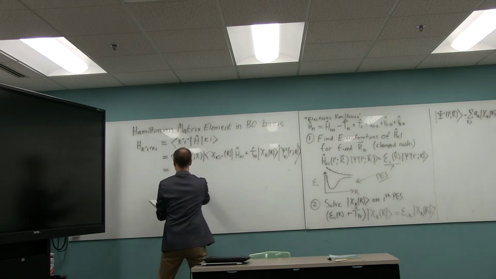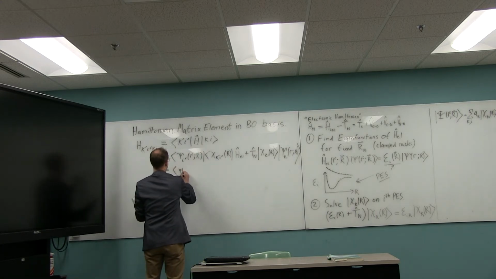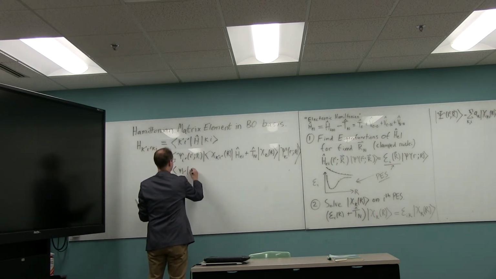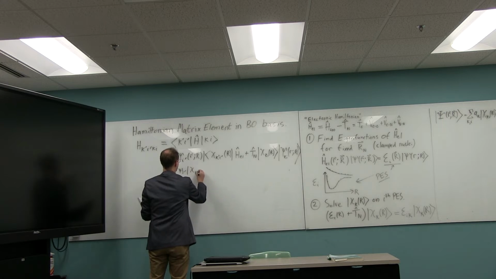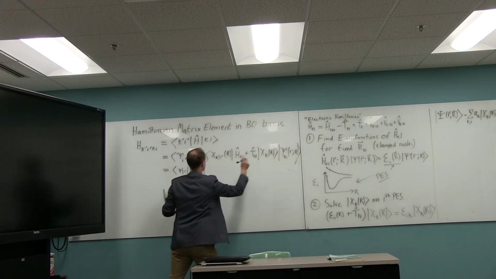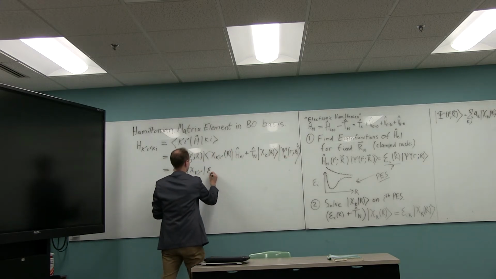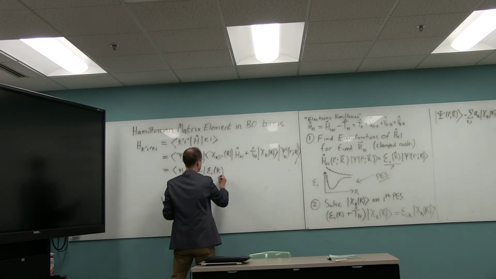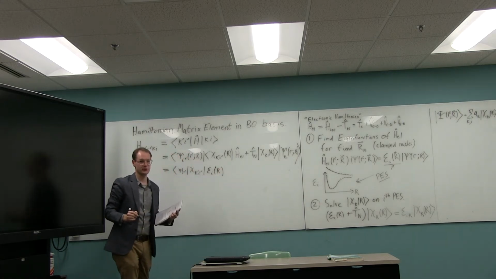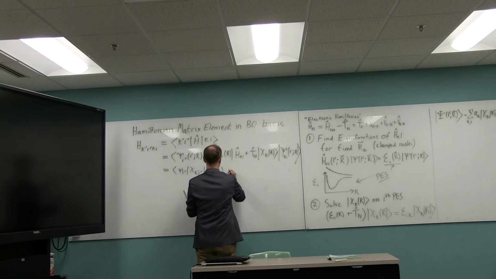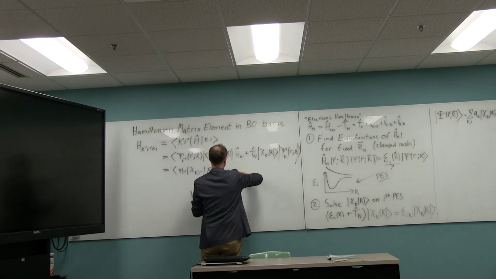So psi I prime, chi k prime I prime, right? Then we operate this on this state, we're going to get the electronic energy of the ith state defined parametrically as a function of the nuclear coordinates. Okay? And then plus we get this nuclear operator.